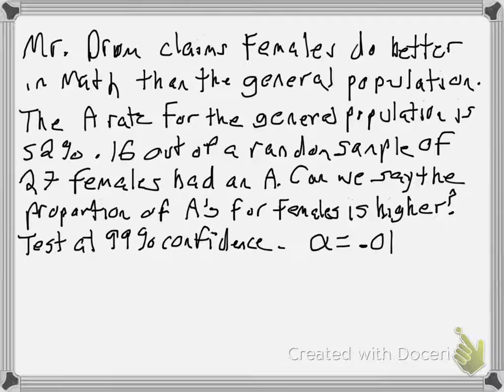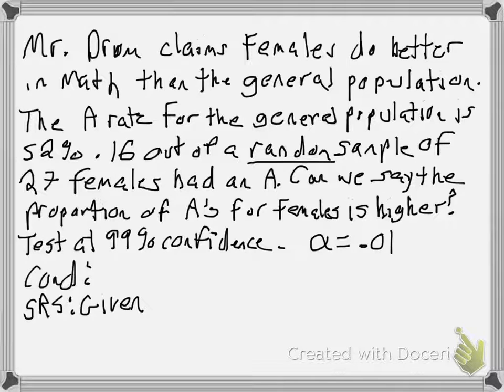First off, we have SRS. I'm going to write conditions. SRS. Is it given or do we have to assume? Well, if I read through the 16 out of a random sample, so if it says it's a random sample, does that mean that we have to assume it's random? No, it's given. So that condition is given.